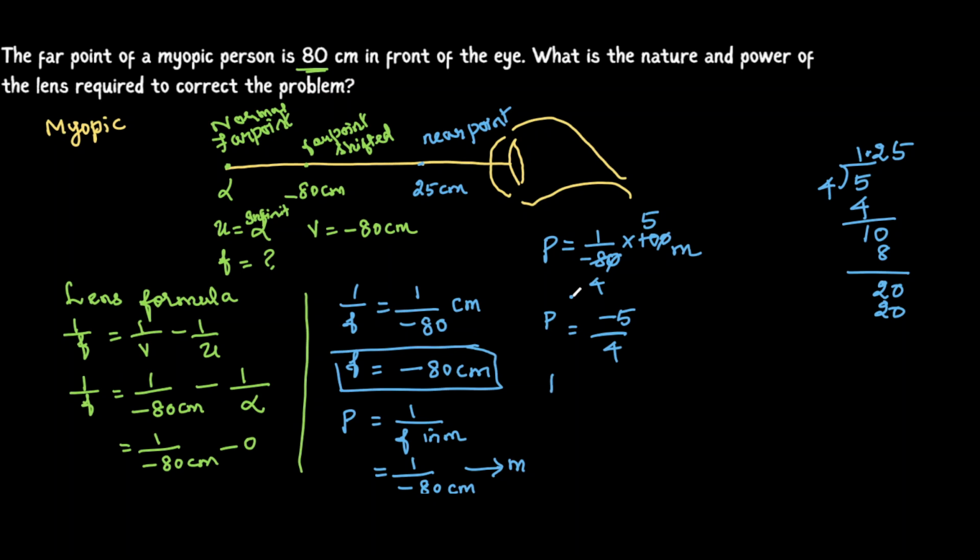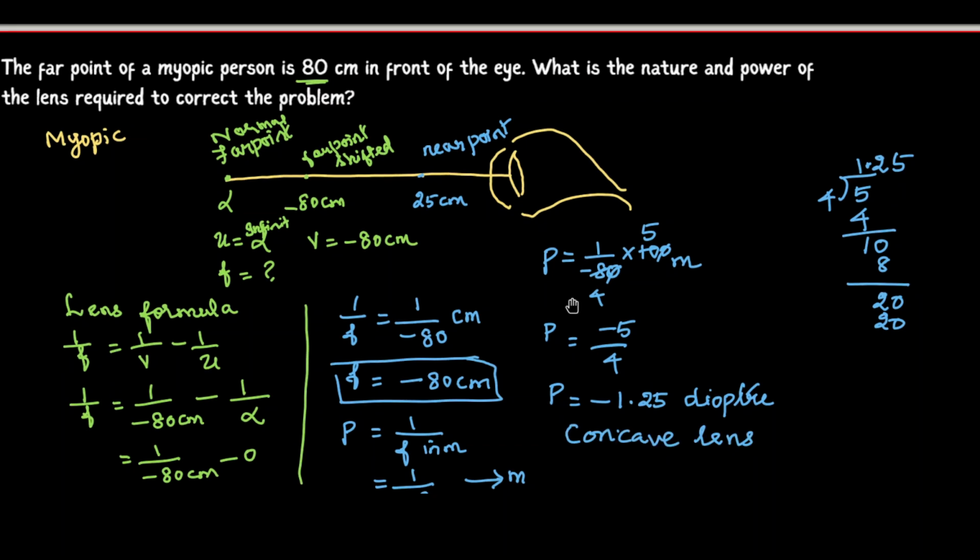So P is equal to minus 1.25. The unit of P is diopter. The value is negative, so the corrective lens is a concave lens. The corrective lens is a concave lens with the power of minus 1.25 diopter.